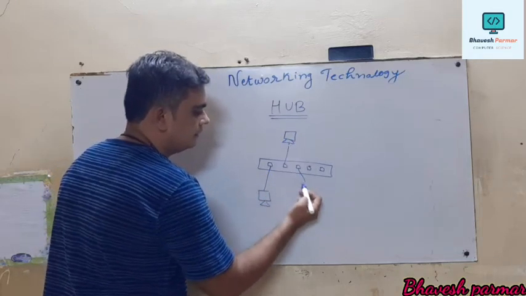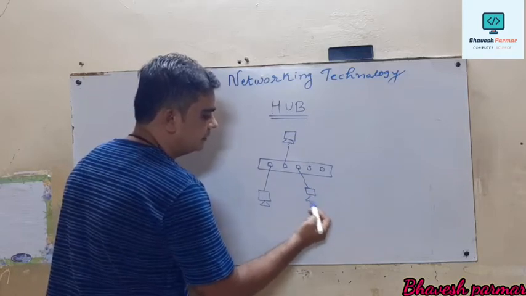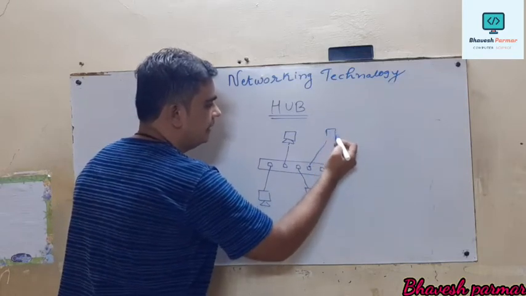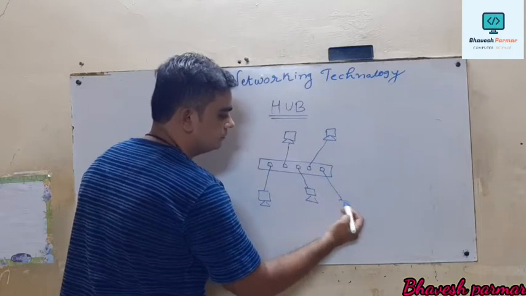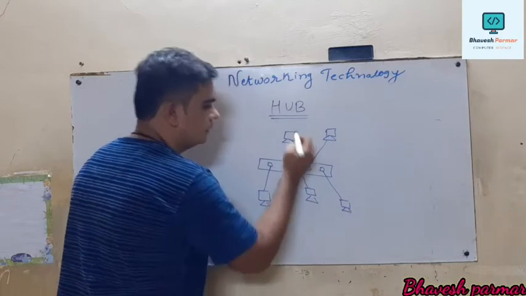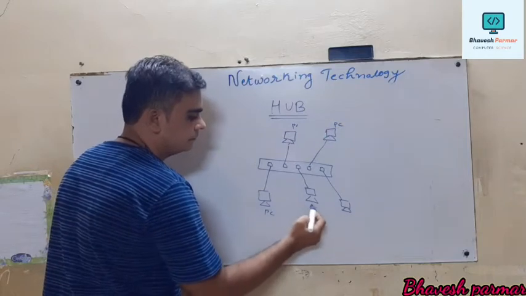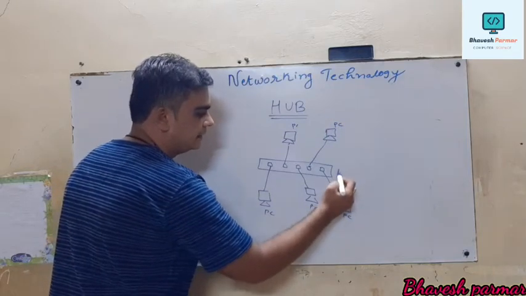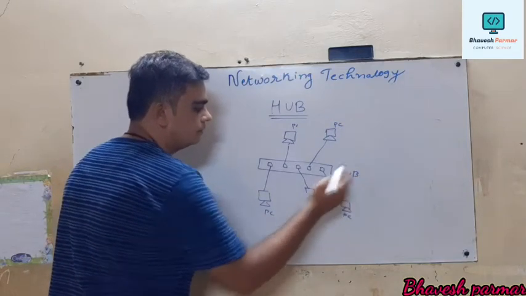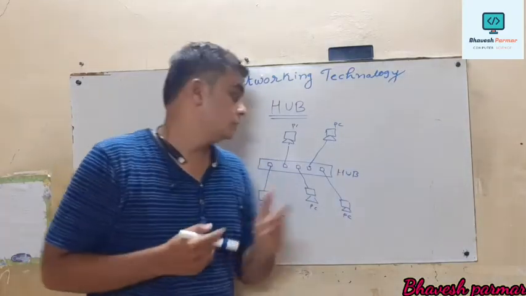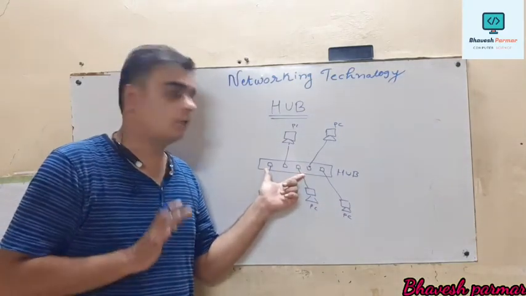To this device I am going to connect many computers. Assume that all these are PCs, and this device is called hub. So this is the basic diagram for hub.